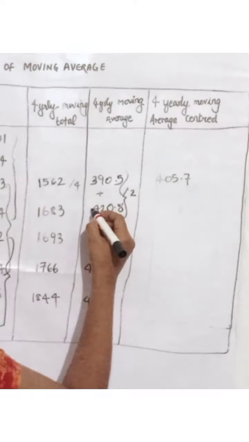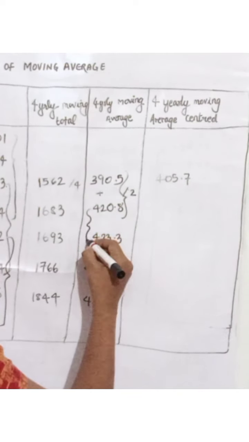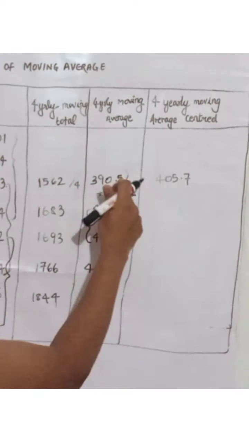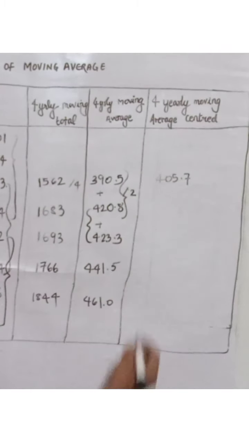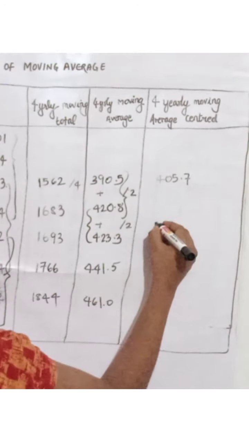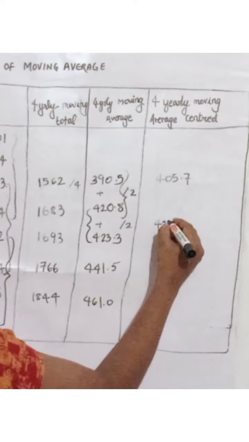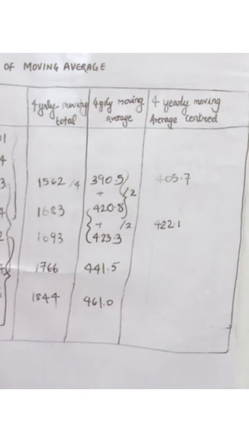Similarly we are going to see the same thing here also. First eliminate the first one, make the second group, and add these two. Then we are going to divide it by 2. So we get 422.1.